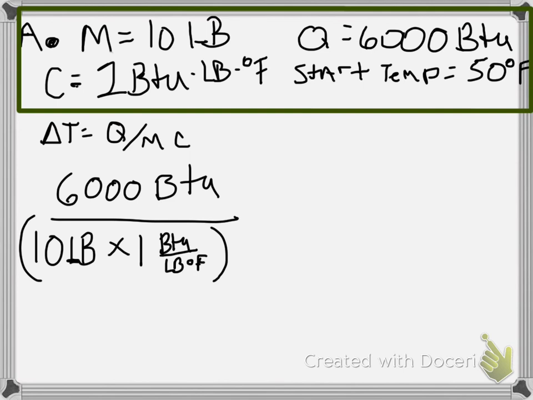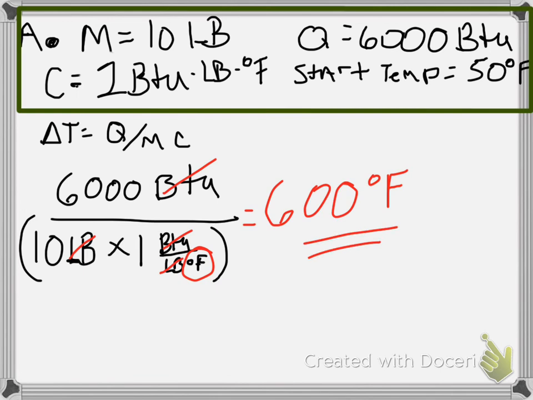When I take a look at my problem, I have the 6,000 BTUs, and that's going to be divided by 10 pounds times the specific heat of 1, crossing out the BTUs and the pounds. And I'm left with degrees Fahrenheit, and I can do this in my head because it's a nice easy number of 600. And that's degrees Fahrenheit, and that's my final change of temp.